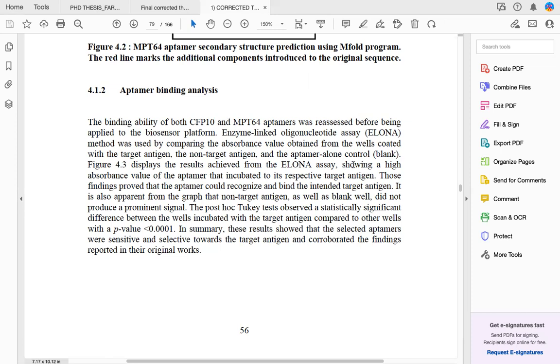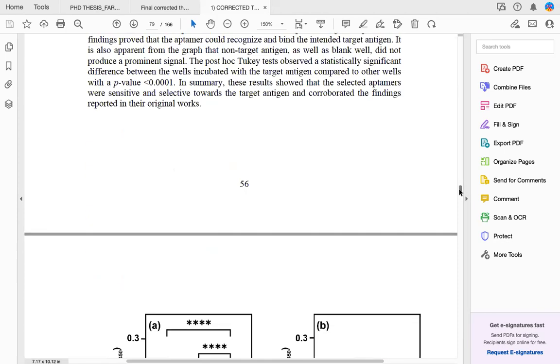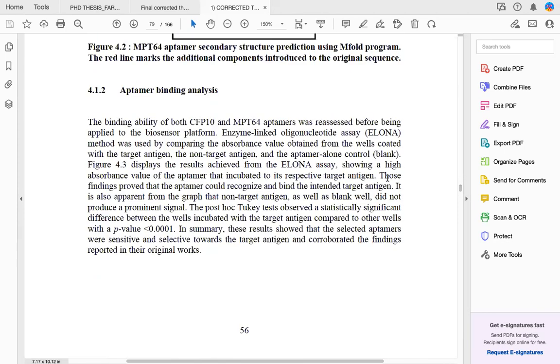Here he described the absorbance value, because the results, if you look at it, are actually absorbance. So you have to discuss the absorbance. A high absorbance value means good binding. So first you discuss the value, how much.